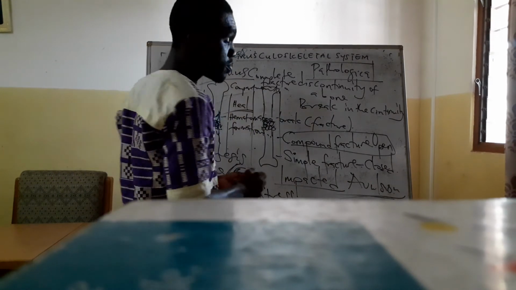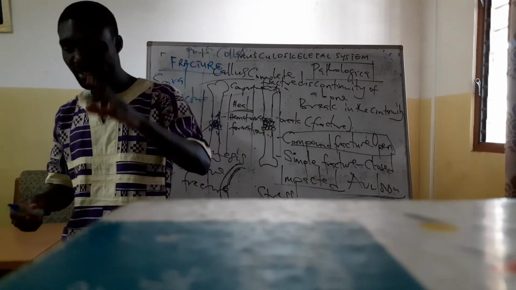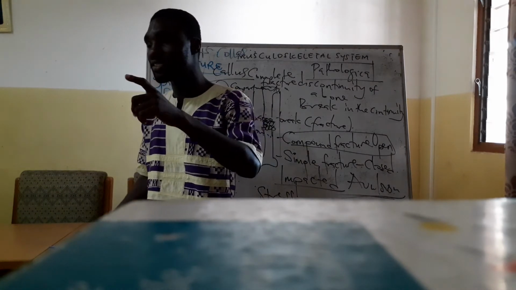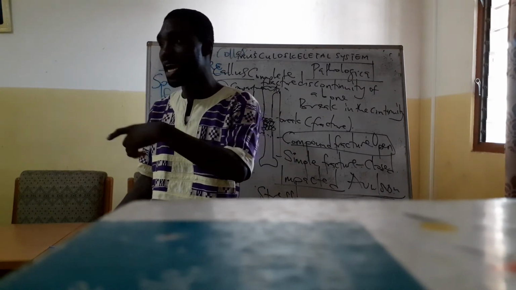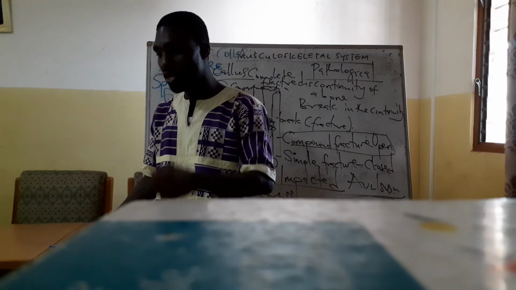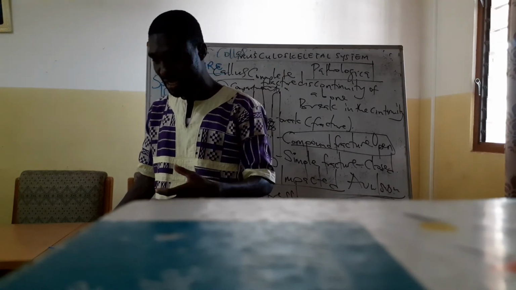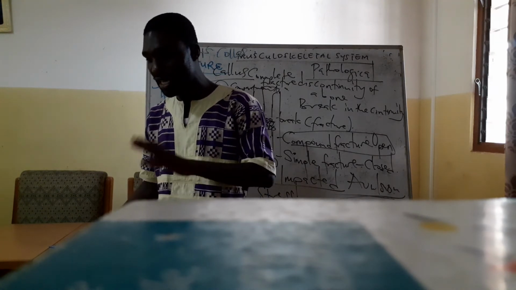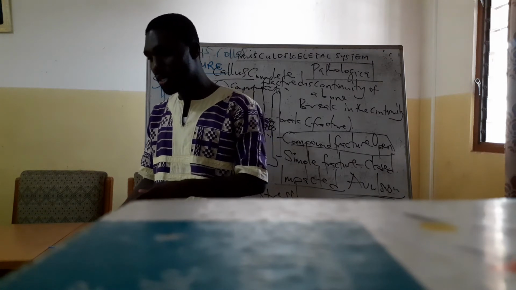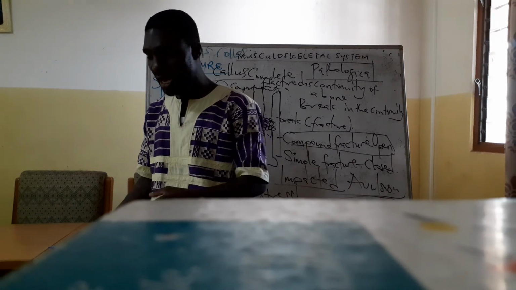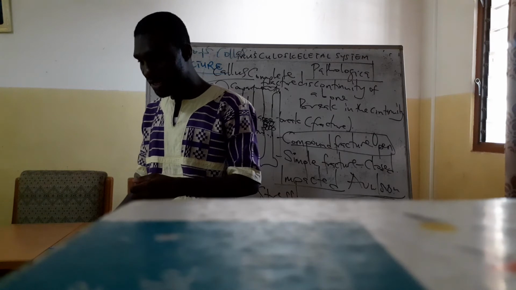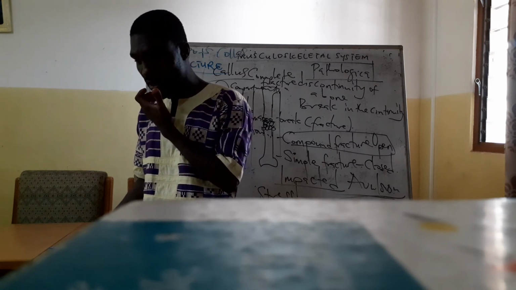Callus formation. With the callus formation, the new collagen tissues that have been formed and the angiogenesis are soft, so they have to be hardened. Within 6 to 10 days, calcium is sent to the site to strengthen the part, and that is what we term callus formation.